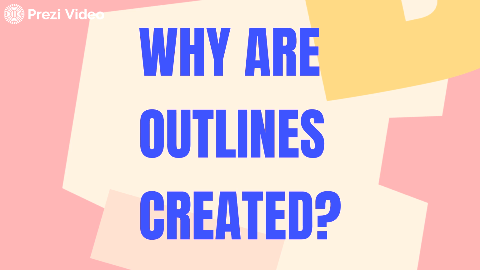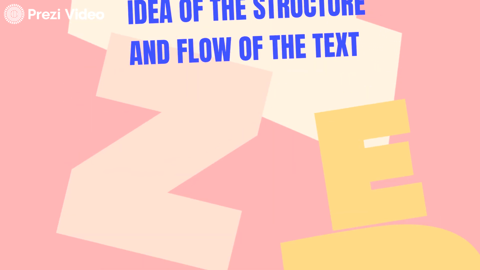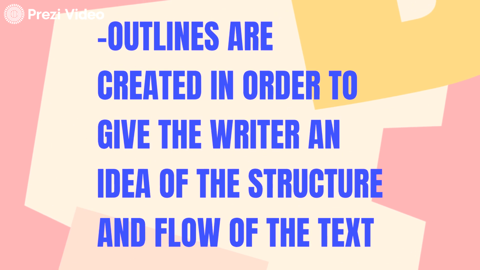So why do we create outlines in the first place? What is its significance? Well, outlines are created because we want to give the writers an idea of the structure and flow of the text before it is actually written. And there's a saying that goes, if you fail to plan, then you plan to fail.